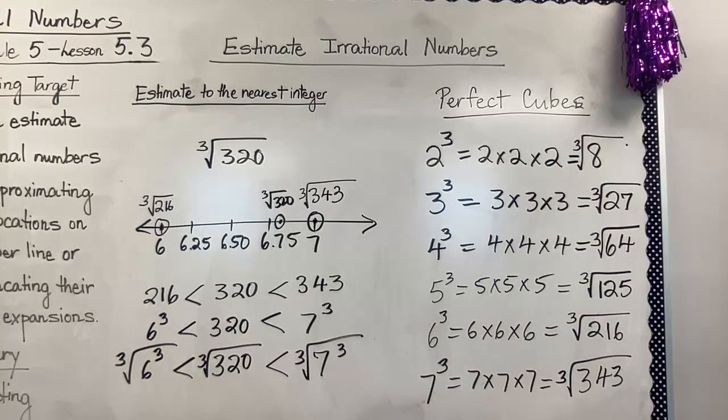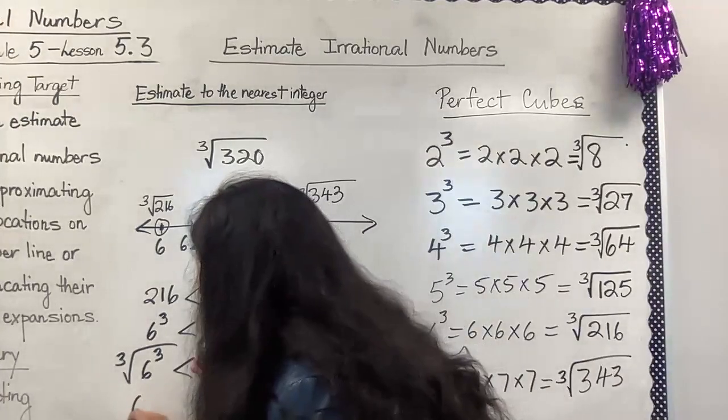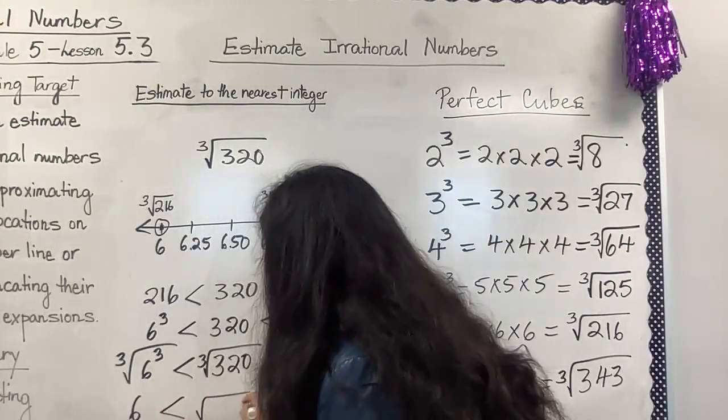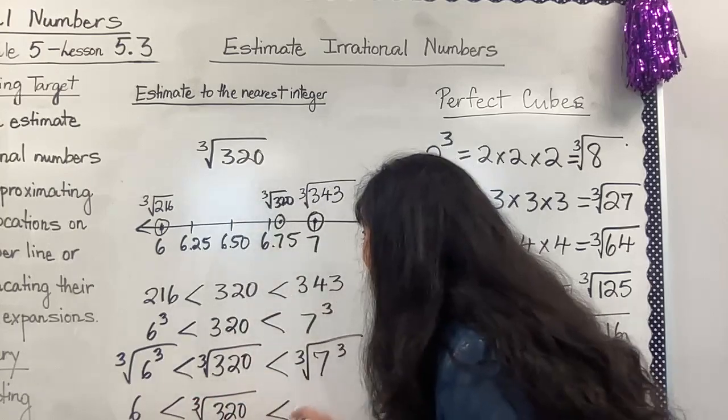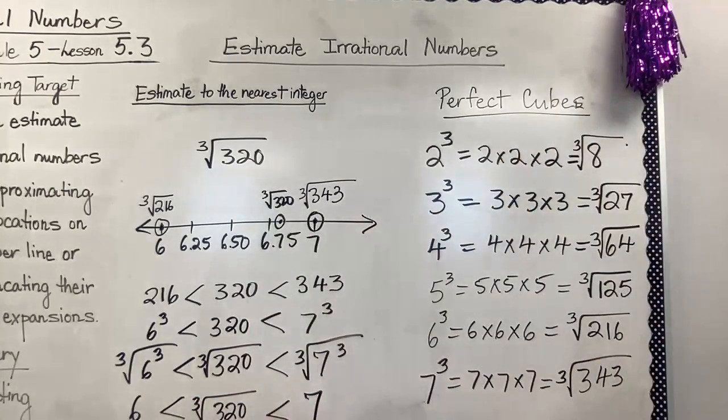All right. So what am I noticing over here? 6 is less than the cube root of 320, which is less than 7. So I have to simplify. The cube root of 320 is between 6 and 7.